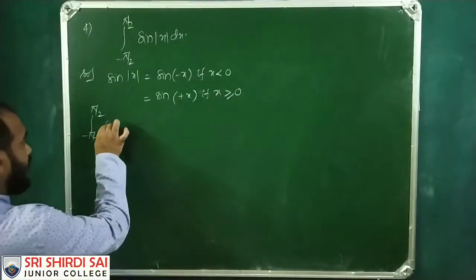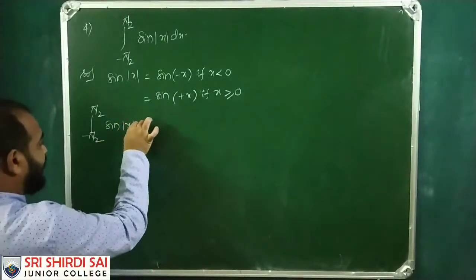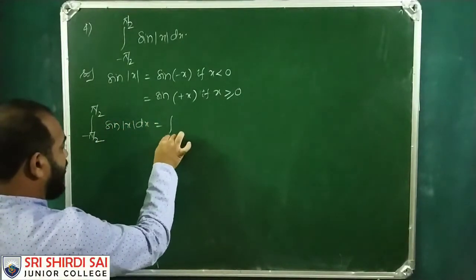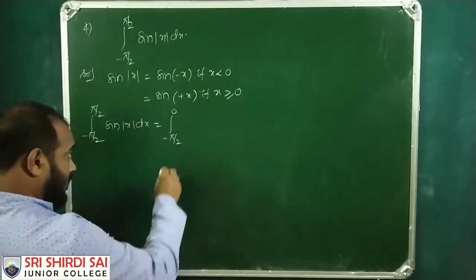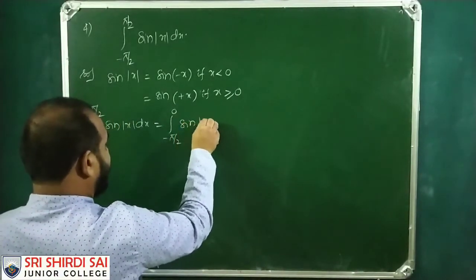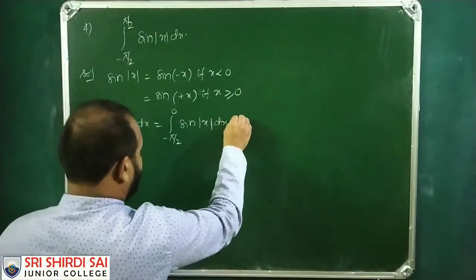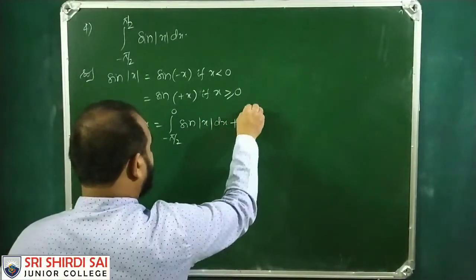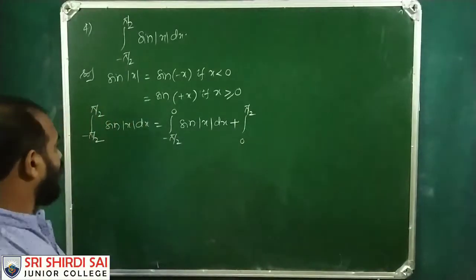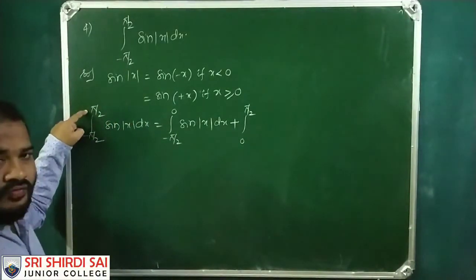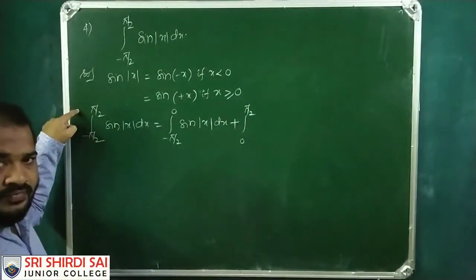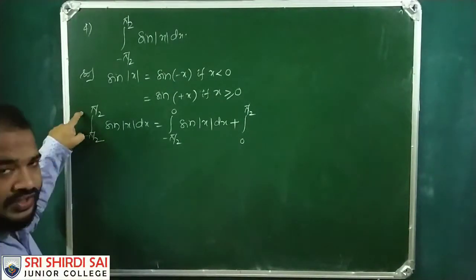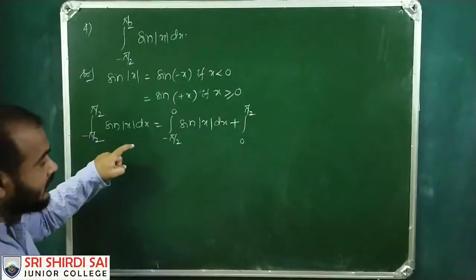So integral of sin modulus of x dx from minus pi by 2 to pi by 2 is equal to integral minus pi by 2 to 0 of sin modulus of x dx plus integral 0 to pi by 2, because for integral a to b f of x dx, c is lying in between a and b. We have a property that it is a to c plus c to b.